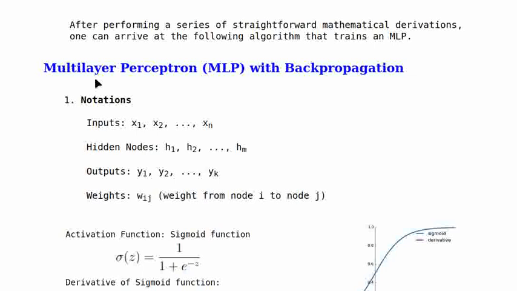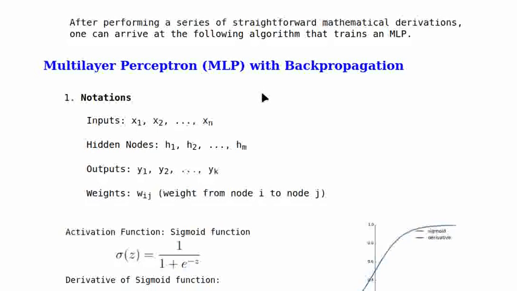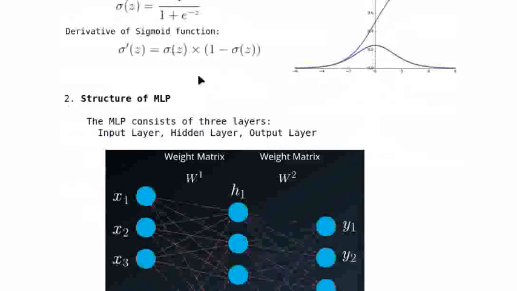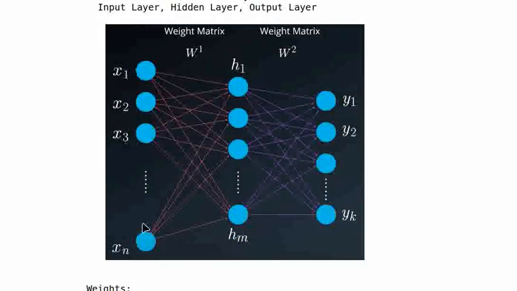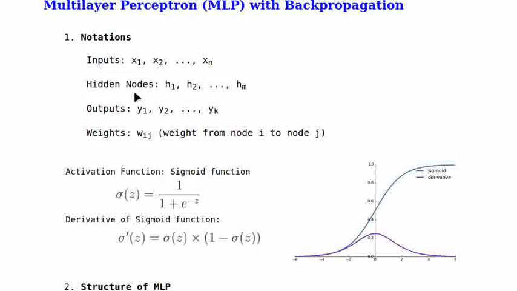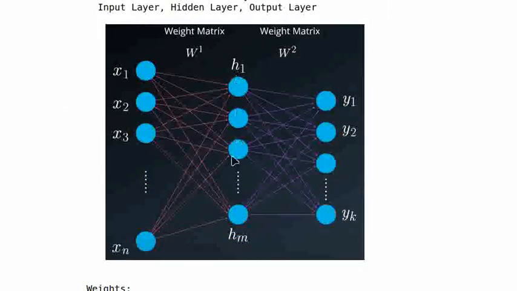Now, here's the MLP with backpropagation algorithm. And these are the notations that we use. So we have inputs x1, x2, up to xn as shown in this diagram. And the hidden nodes are denoted by h1, h2 to hm.